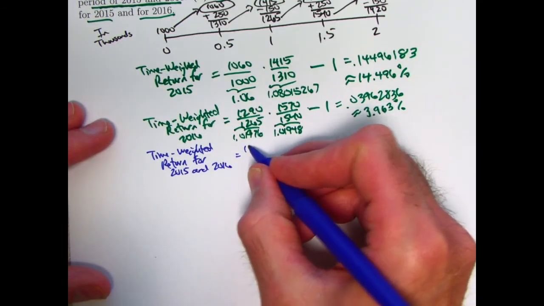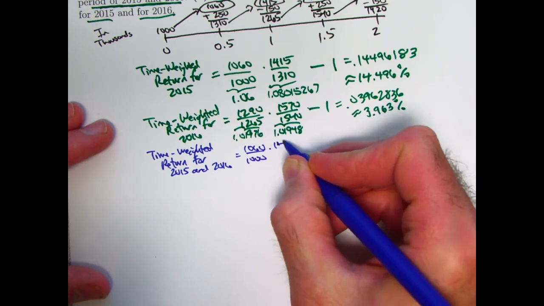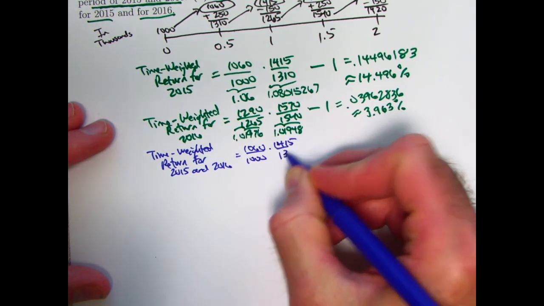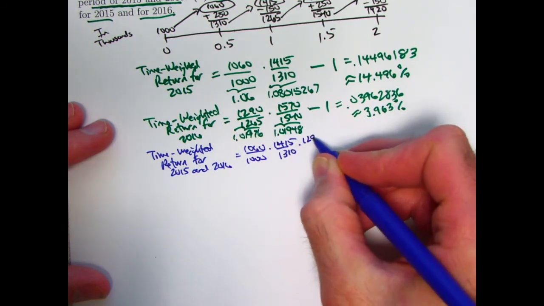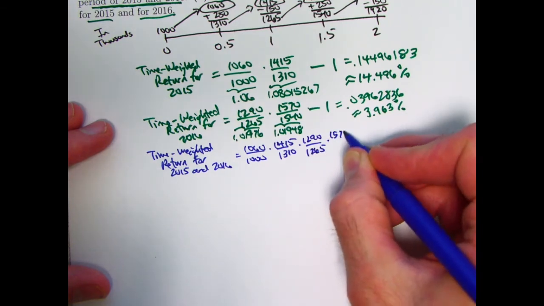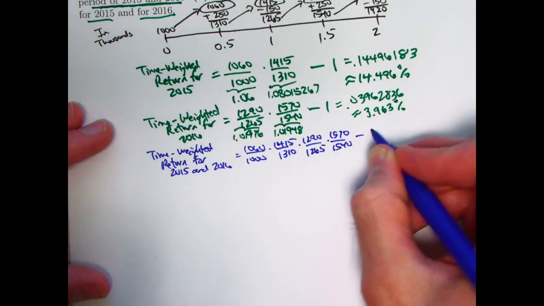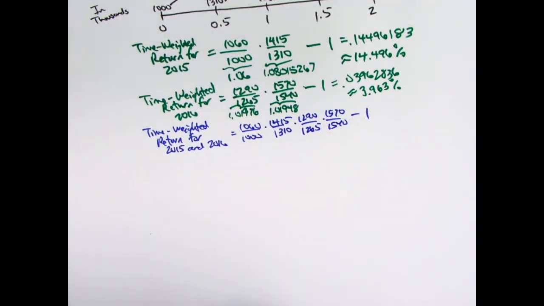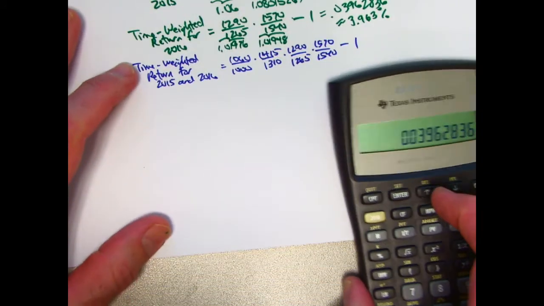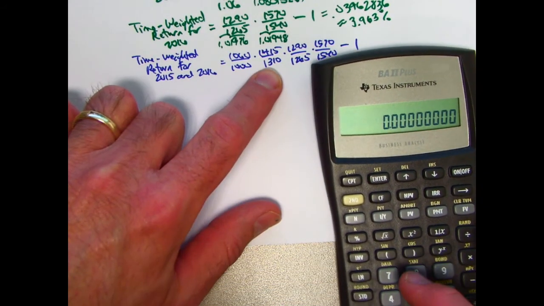I'll go ahead and write it out. 1060 over 1000 times 1415 over 1310 times 1290 over 1265 times 1570 over 1540. Product of those four numbers minus 1. Let's not write all those out. Let's just do some storing in the calculator here. I know what that is already, so let's do this one first.